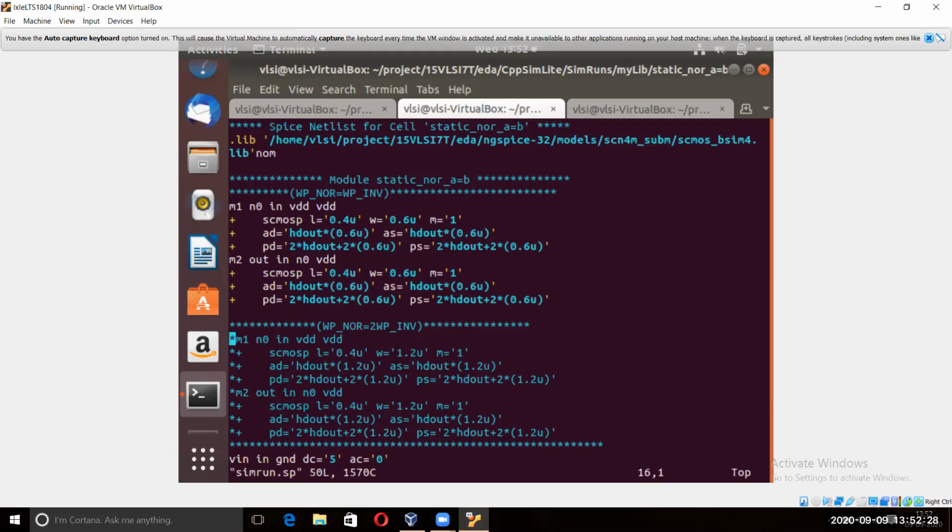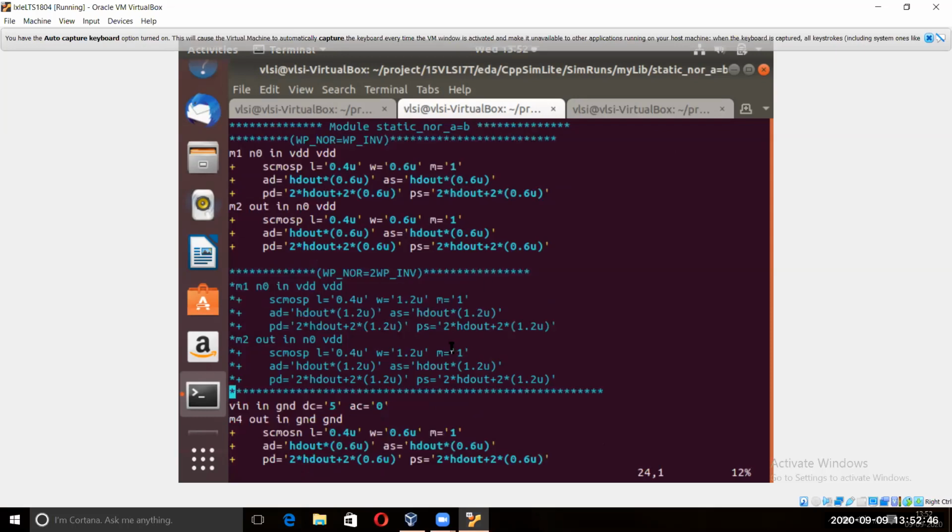Then the next one I have written, but I have commented it, because you can draw another schematic and change the sizes, but if you edit in the netlist it will work the same. So I have done it in the netlist itself. In this I have taken WP of NOR equal to 2 times WP of inverter.